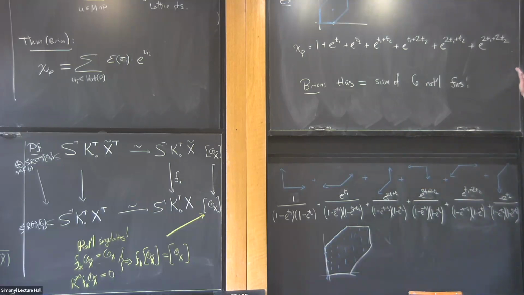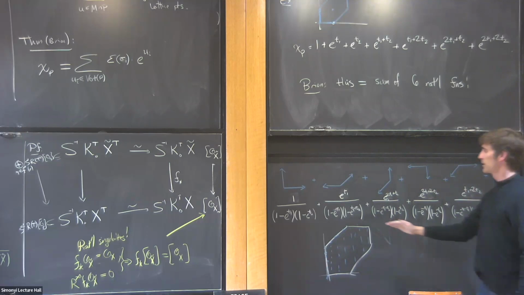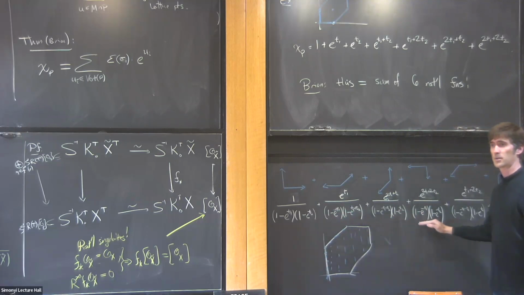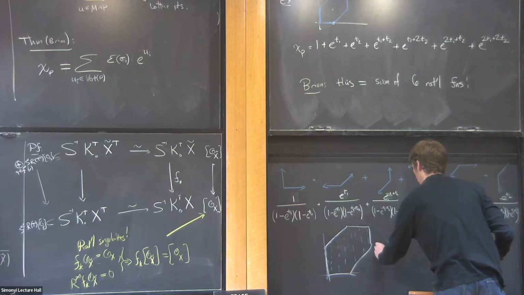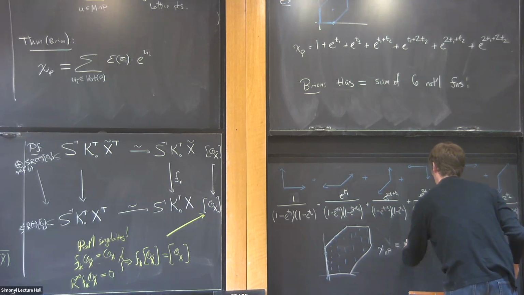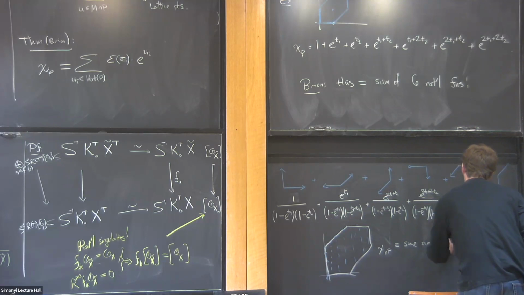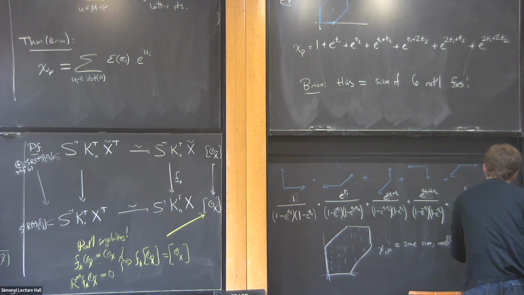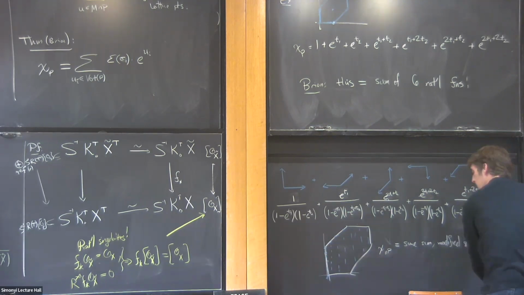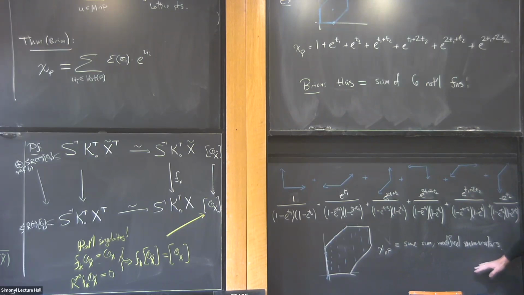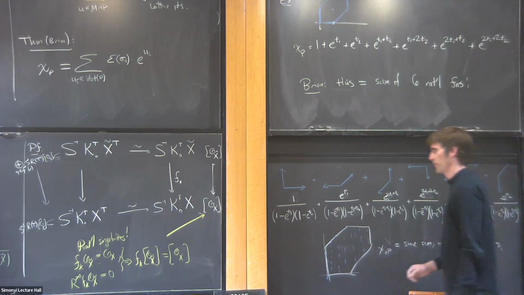Then there's going to be some enormous Laurent polynomial, and it'll be a sum of the same 6 rational functions where the only thing I've done is modified the numerator. And as far as I know, this is actually what's used in integer programming. It's one of the most efficient ways of computing the number of lattice points in a polytope.